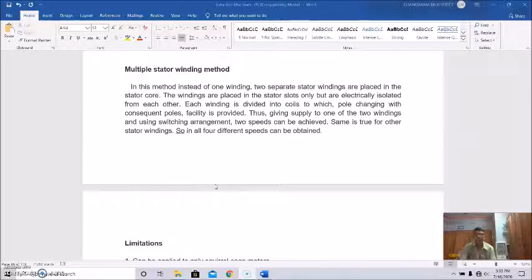Each winding is divided into two coils, to which pole changing with consequent poles facility is provided. By giving supply to one of the two windings and using a switching arrangement, two speeds can be achieved. The same is true for the other stator winding. So in all, four different speeds can be obtained.